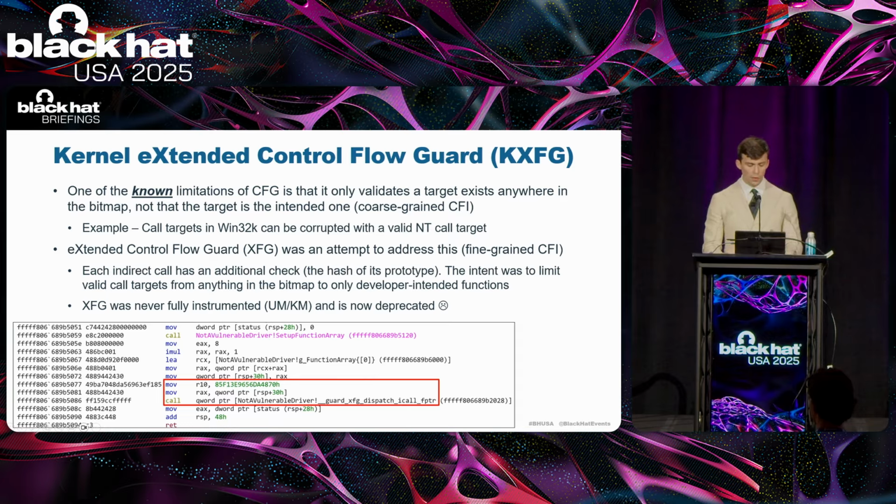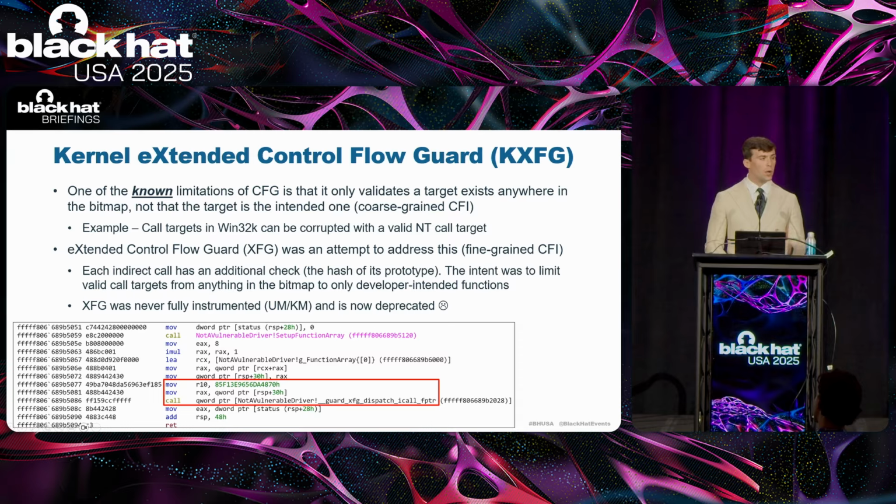Microsoft knew about this from the beginning, and they eventually came to the solution of Extended Control Flow Guard, or XFG. XFG works at compile time. It creates a hash of the function's prototype: the number of parameters, parameter types, return value, and return type. That information should theoretically be unique to a given function, and it is placed above every call target.